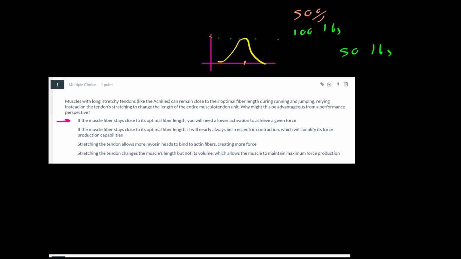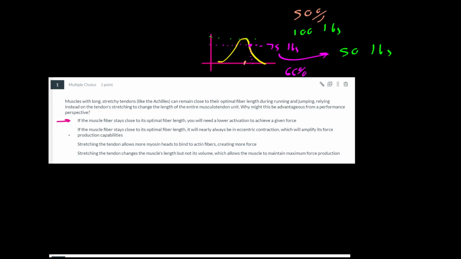Whereas if you were, say, out here at some longer fiber length that gave you a max force production capability, say, of 75 pounds, you'd need to activate that muscle at what, 66% activation? You'd need a higher activation to get that same 50 pounds of force. So this seems reasonable.